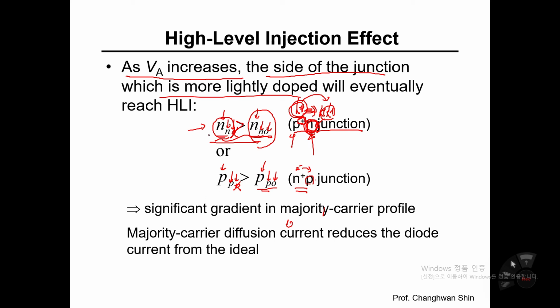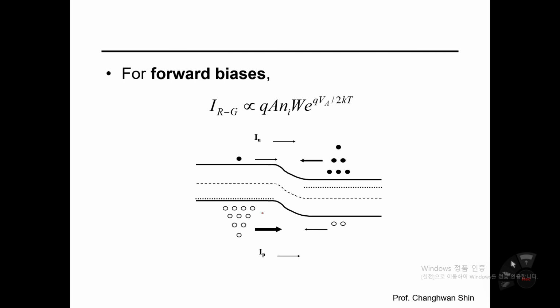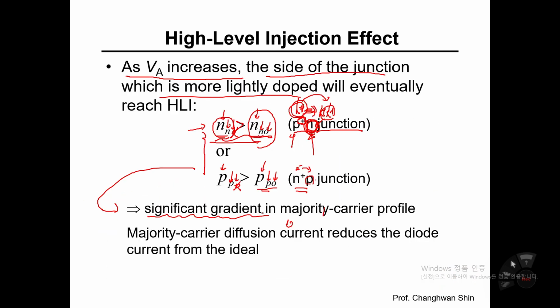So this physical event would induce a very significant gradient in the majority carrier profile. Let me draw the carrier profile plot here. This is the P side and that is the N side. I said we have a P plus N diode, and more holes would be injected into the N side.